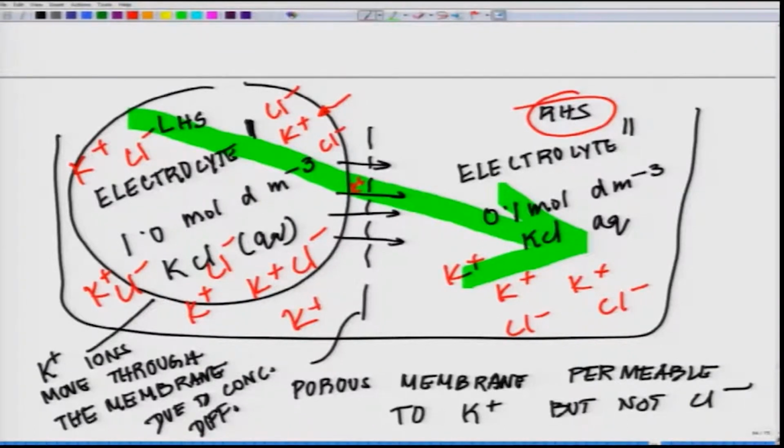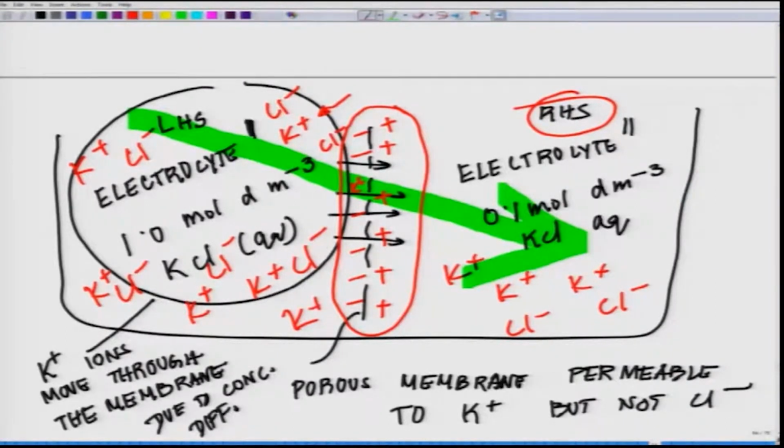But if that happens, what will be the situation? There will be a positive charge buildup out here, and of course, there will be a certain degree of reduction of charges. There will be a kind of peculiar charge buildup, since the membrane is permeable to potassium but not to chloride.